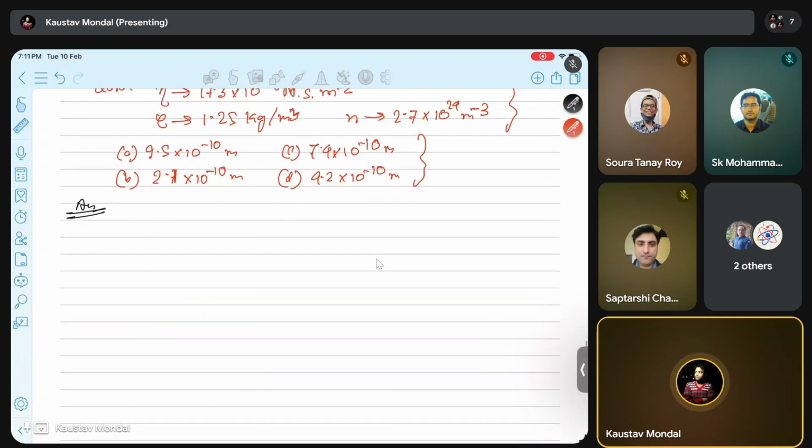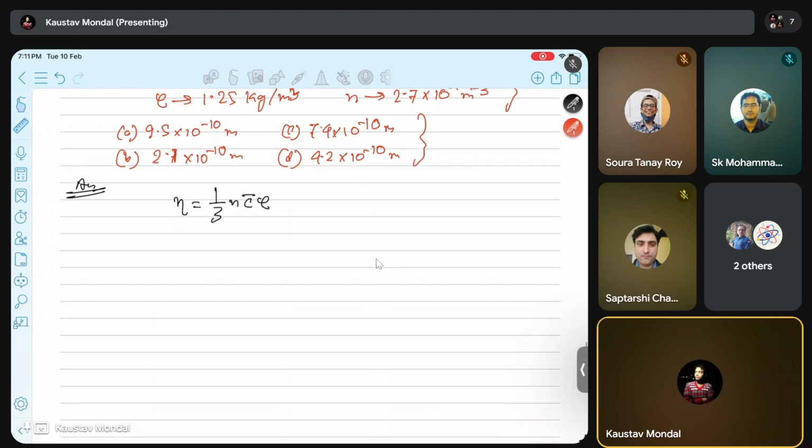Similar way, eta is given by 1 by 3 rho c bar lambda, right? So lambda is given by 3 into eta by c bar into rho.